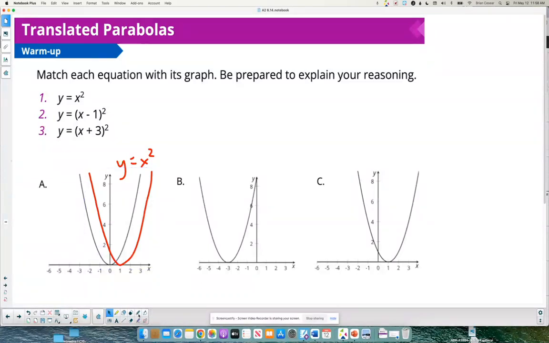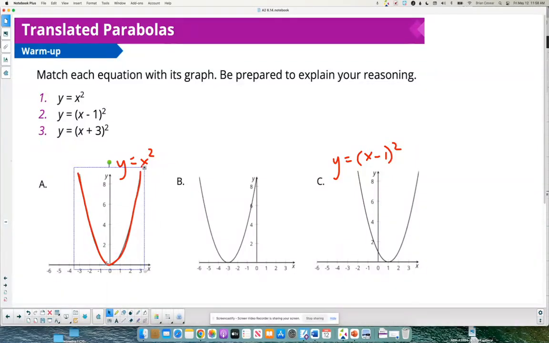So that is going to give me graph C over here. And then changing the x to x plus 3 is going to translate it left 3, just like that. So that gives me graph B.